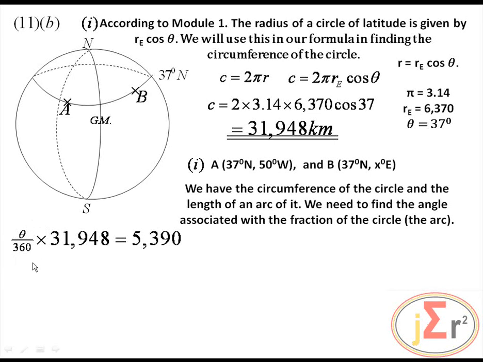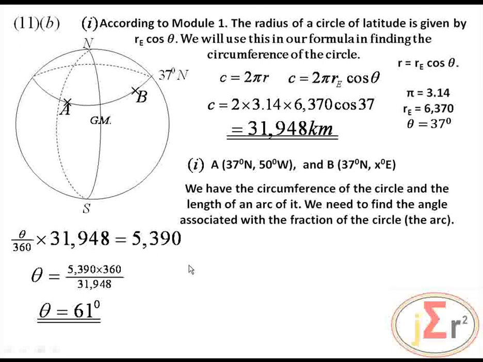The fraction will be the angular representative of the arc divided by the angular representative of an entire revolution, which is 360 degrees, and that we will multiply by the circumference of the circle. The result is 5,390 as we have it right there. So by simple transposition, we have multiplying both sides by 360 degrees, and then of course dividing both sides by 31,948, and this is the result that we have.